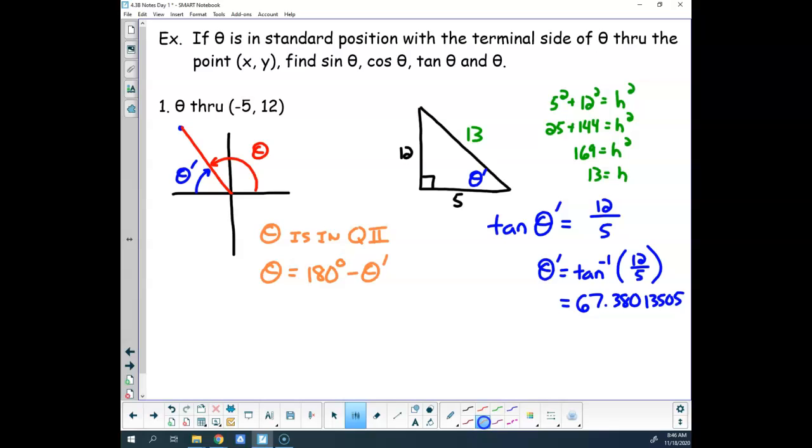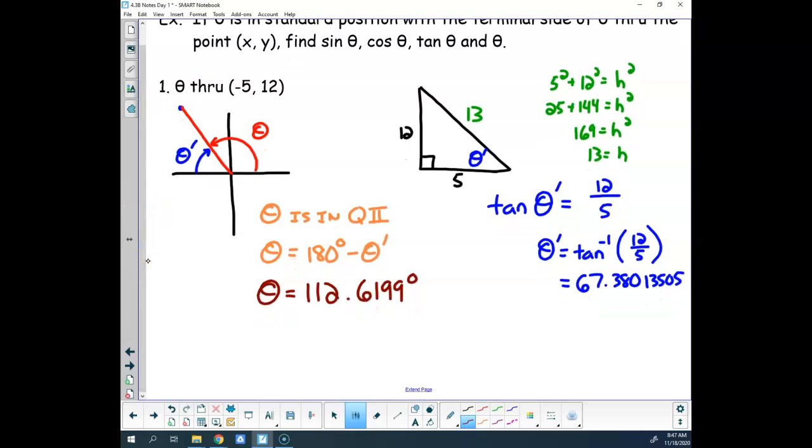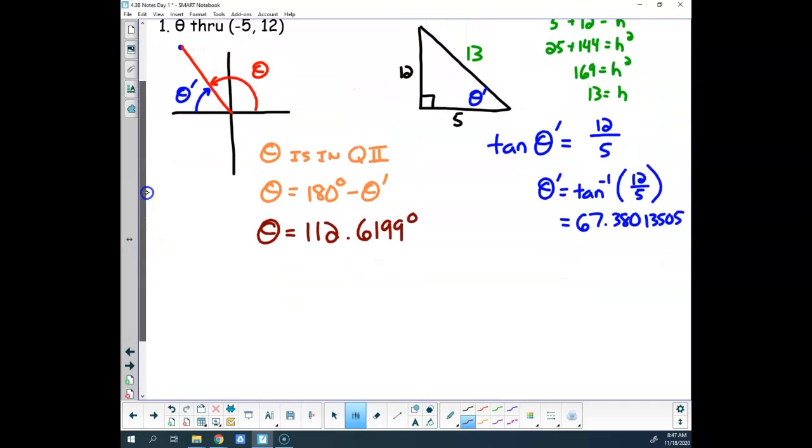So 180 minus my reference angle gives me that theta is 112.619 degrees. So that's my theta. I'm in quadrant 2, so I went too far now.